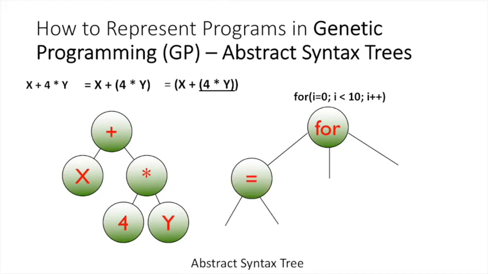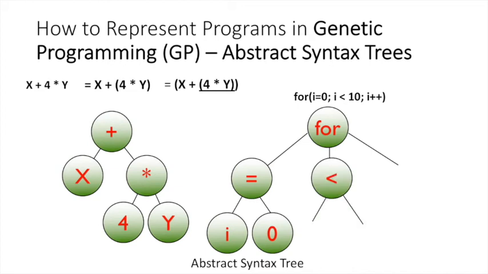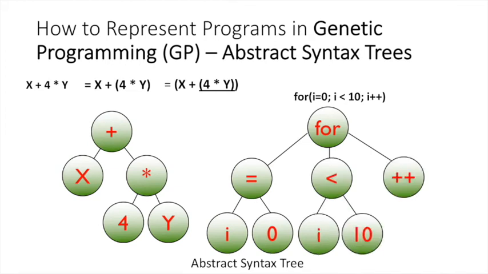As before, we put the operator that is the assignment or equals operator. We put I to the left of equals and 0 to the right of equals. Likewise, we create a subtree for the limiting condition. And finally, we write the increment statement with the increment operator on top and I variable underneath it.